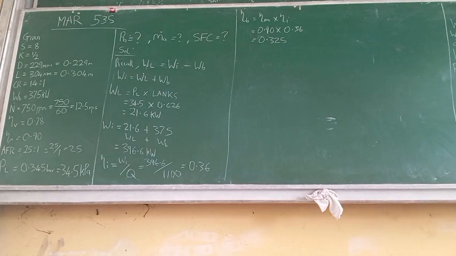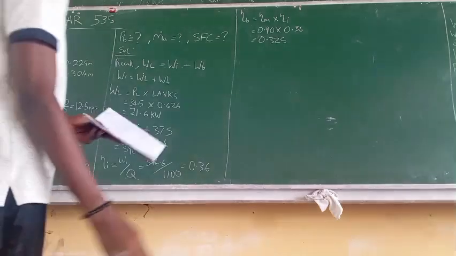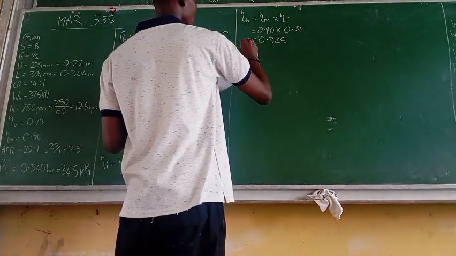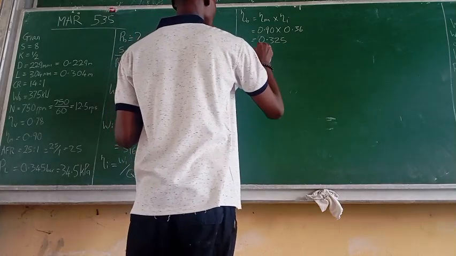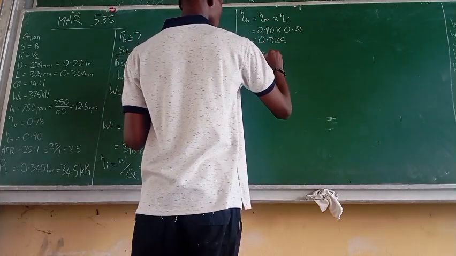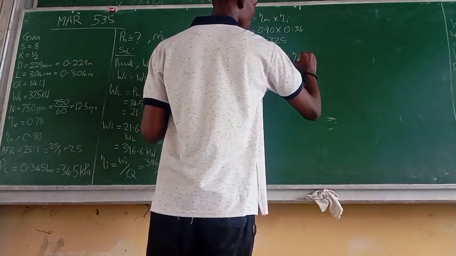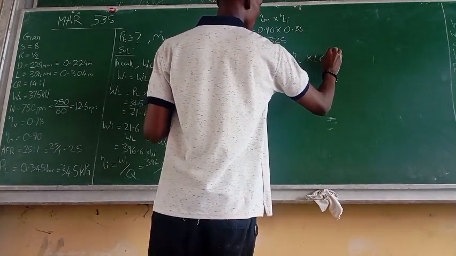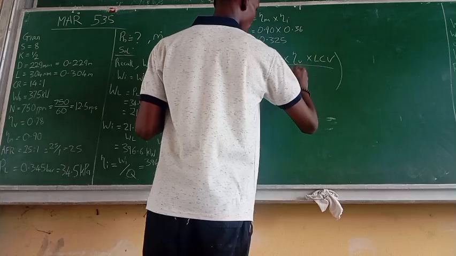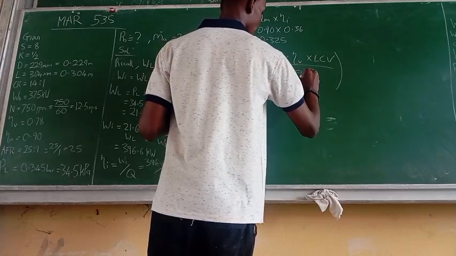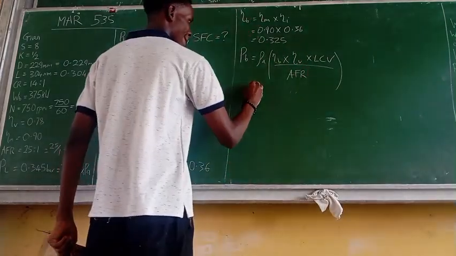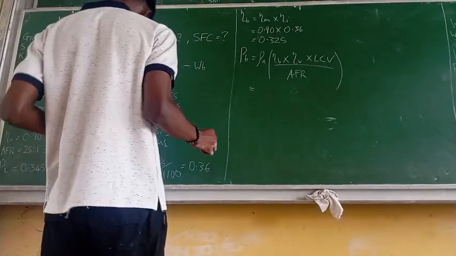Pressure is P, power is W. So now we can finally go back to that formula that I gave earlier. P is equal to the density, open bracket, for indicated brake power, and the LCV, all over your air flow ratio.